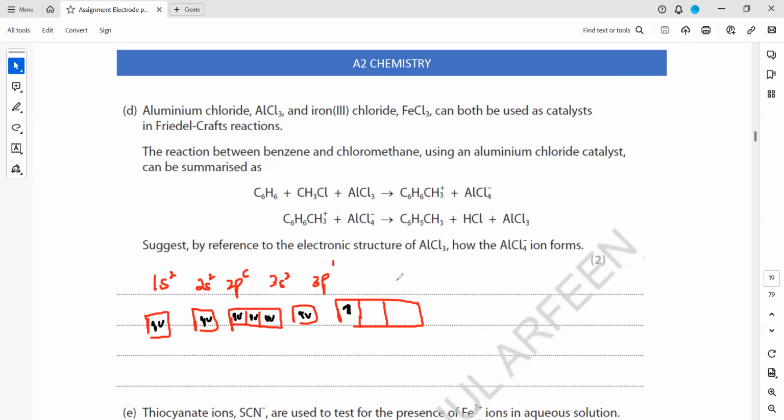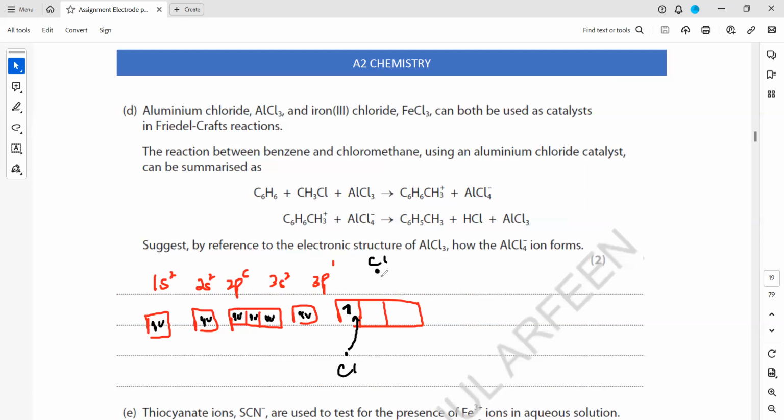Now, how will the structure be stable when it forms the bond with the chlorine, forming a covalent bond? So how can a covalent bond be formed? For example, one chlorine is there. This chlorine will be attracted here and form a covalent bond.